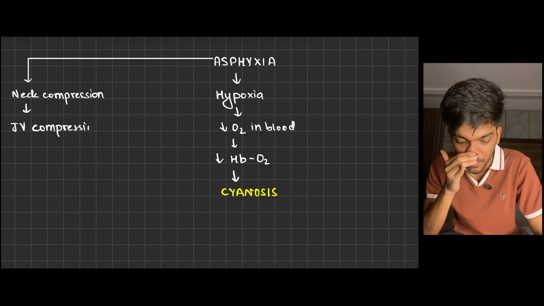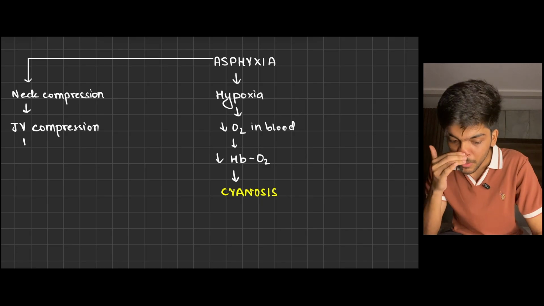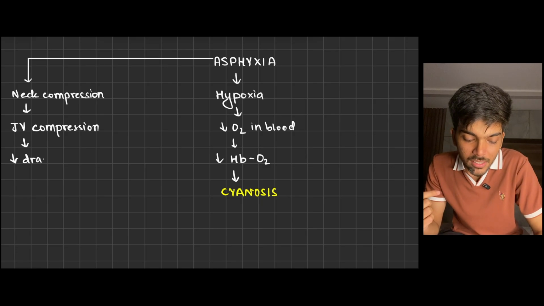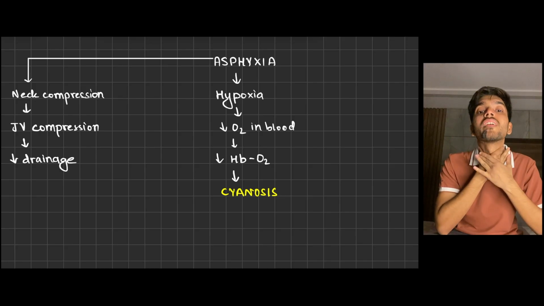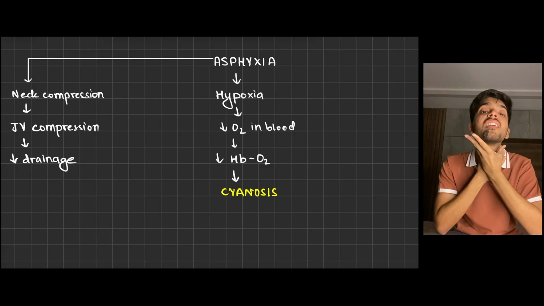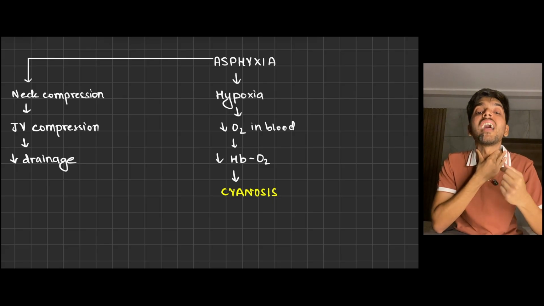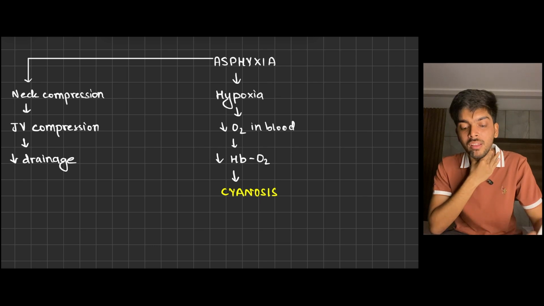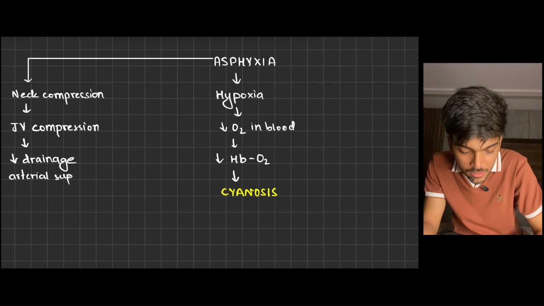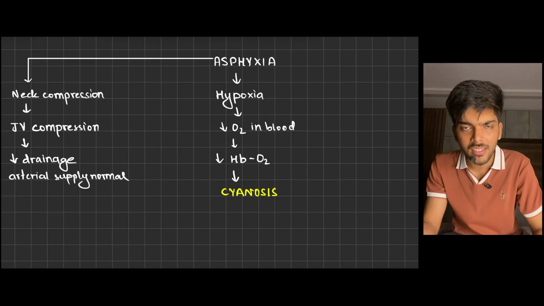With compression of the jugular vein, there is reduced drainage because you have obstructed the jugular vein. So the blood from the head and neck does not get drained. You have obstructed that draining pathway. Reduced return. But the arterial supply is normal.